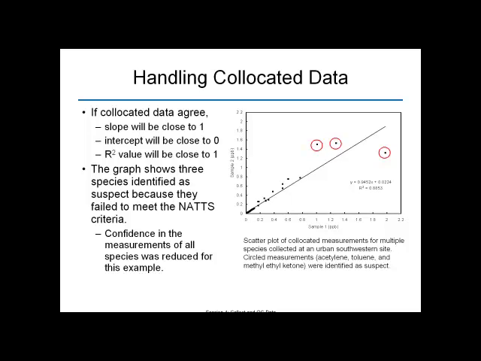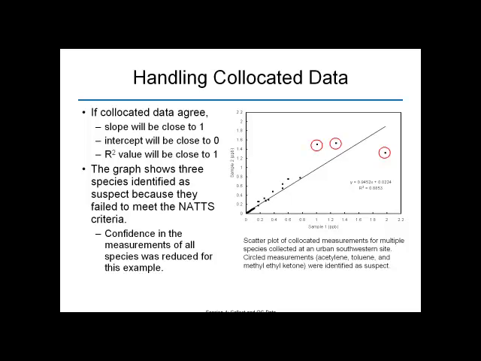If the slope is 1, then it's a perfect correlation. If it's 1.3, then you're off by 30%, and if it's 0.7, you're off by 30%, et cetera. The R squared gives you an estimate of the precision of the individual measurements. So you can have a slope of 1, but have a poor precision because the data are scattered all over the place.